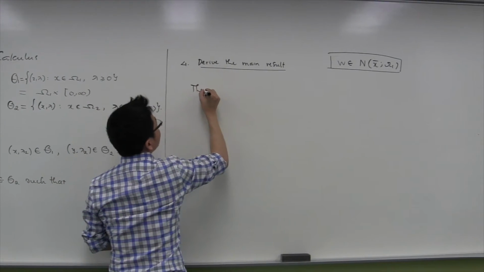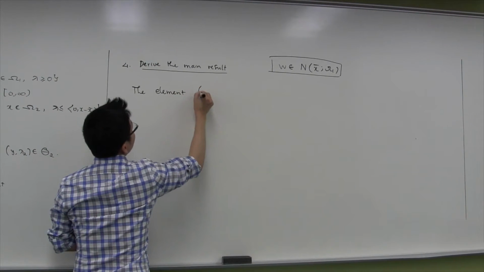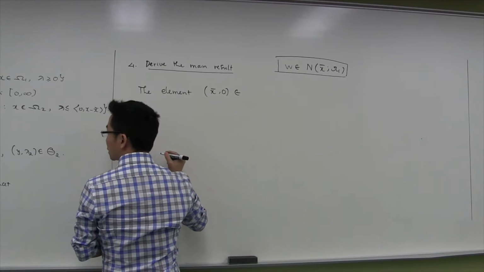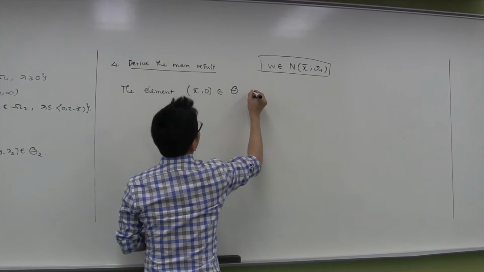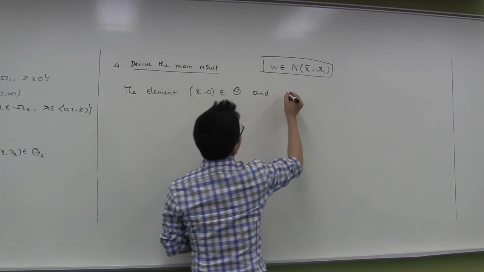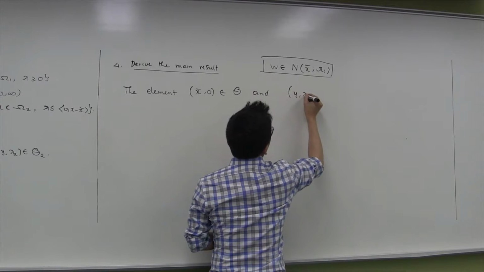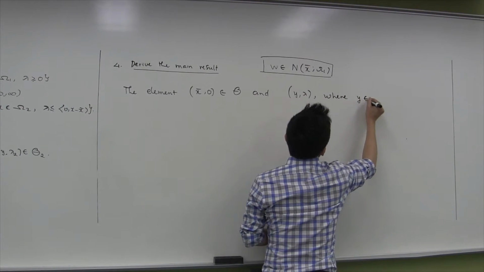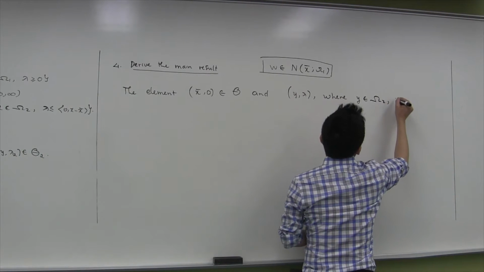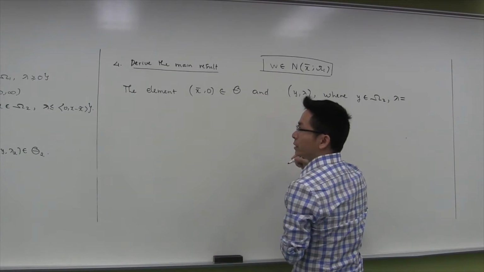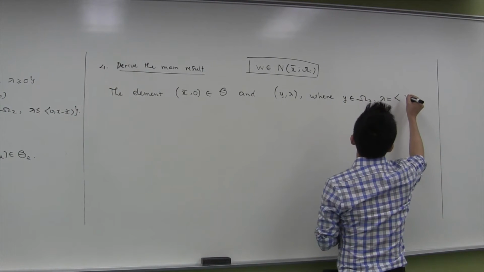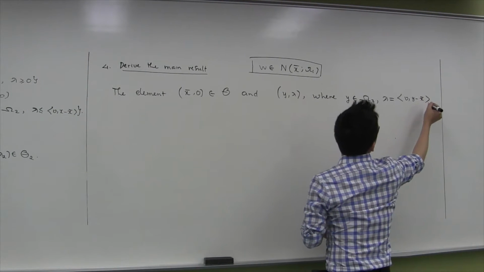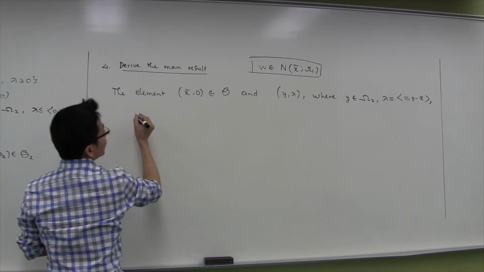The element x bar 0 again belongs to theta 1, and the element y lambda, where y belongs to omega 2 and lambda is equal to the inner product of v and y minus x bar, belongs to the set theta 2.